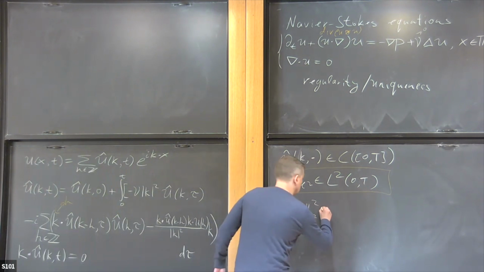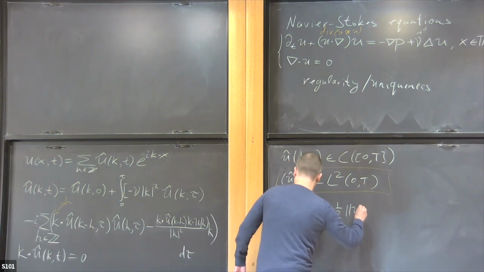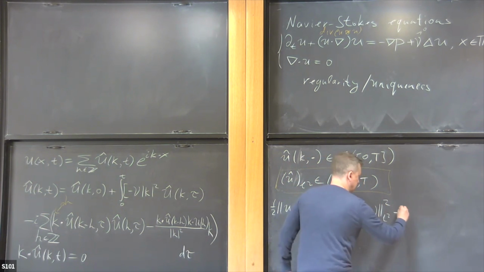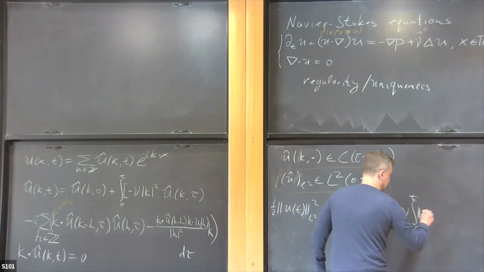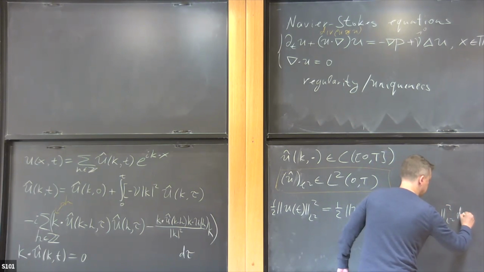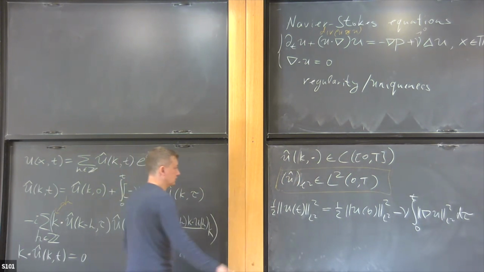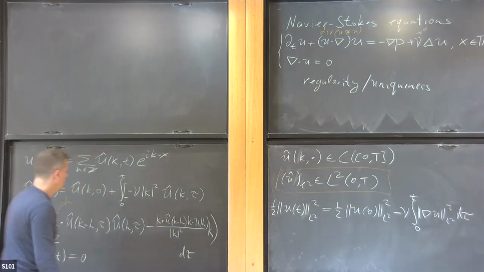What's going to be left is the energy at time 0 minus the total dissipation, so minus nu times the integral of the gradient of u squared. So if you start with finite energy, the energy cannot increase.